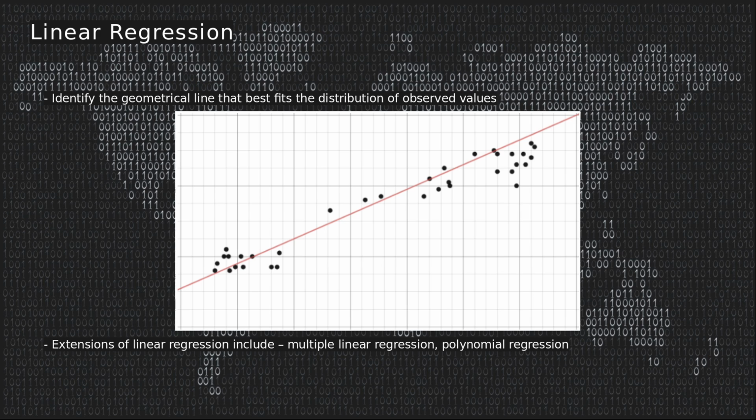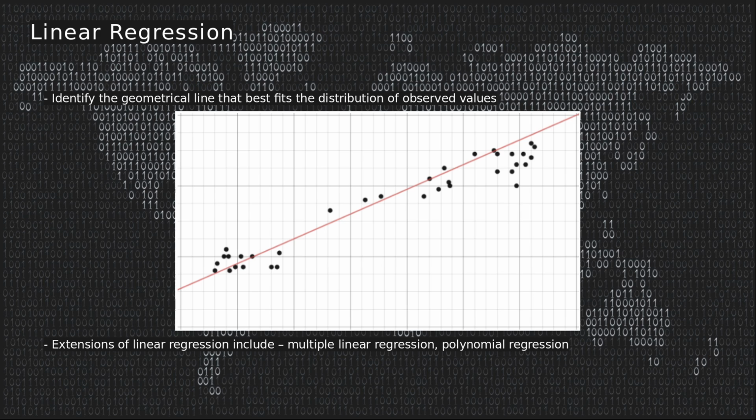Then we try to identify a line which is the closest to all the data points, or on average the line which shows us the trend of how the data is moving when the x and y coordinates change. This is a very simplistic definition of linear regression.